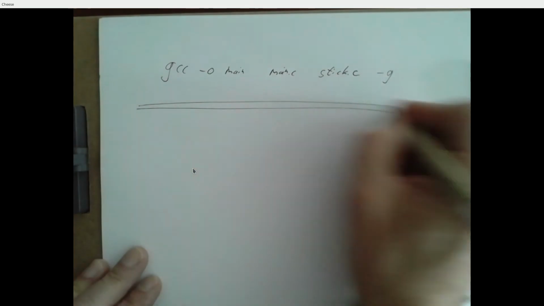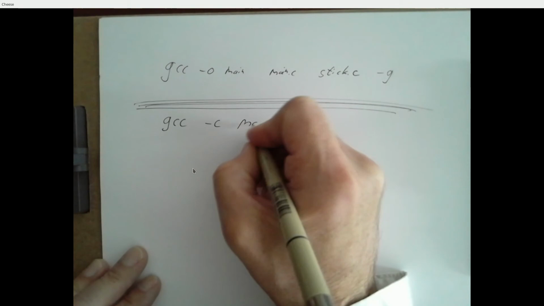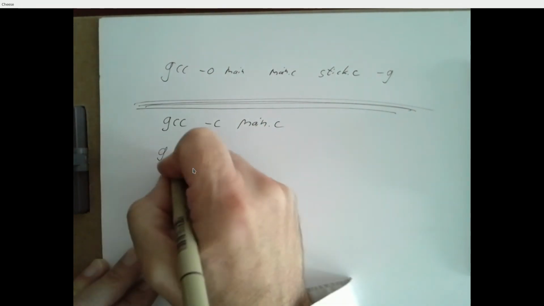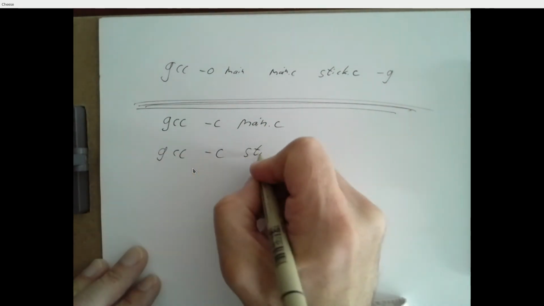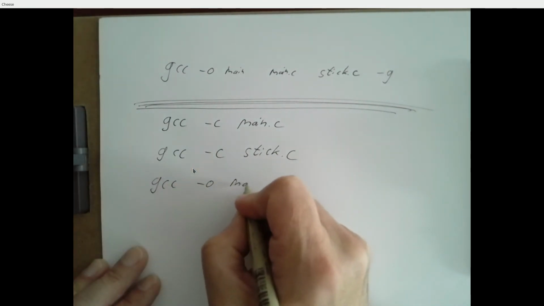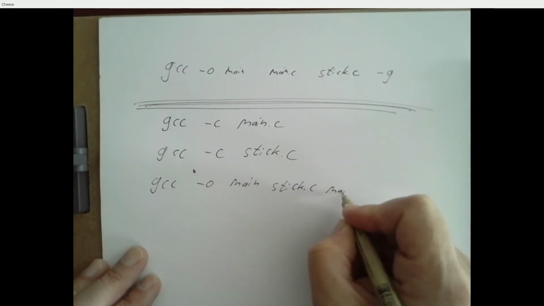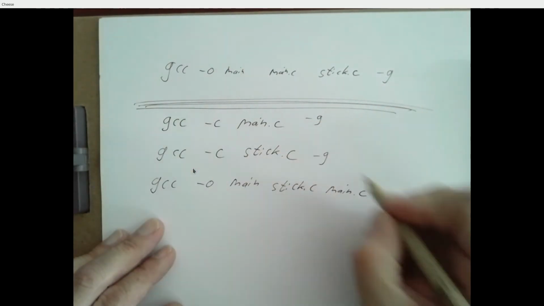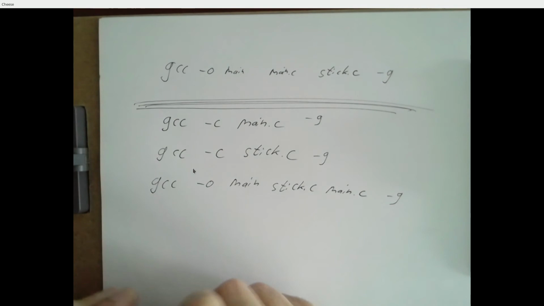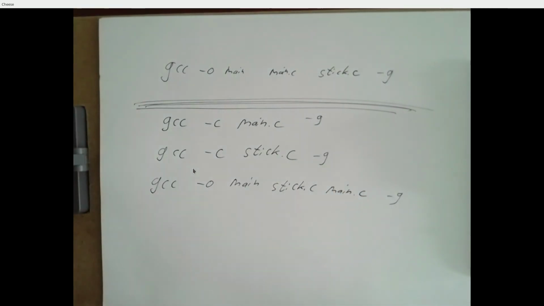But if you compile separately, and we haven't really talked about this yet, but we're going to talk about this soon, if you compile these separately, you got to have a -g on each of those, and you got to have a -g over here. And if I forget it right here, then when I'm debugging and I try to go into stick.c, it won't have the source code and symbols and so on.